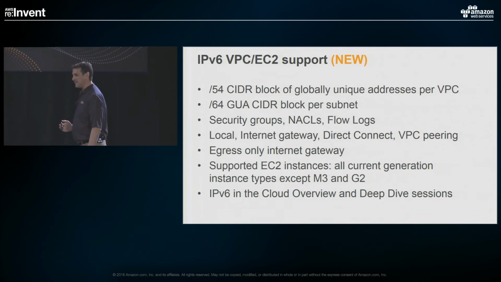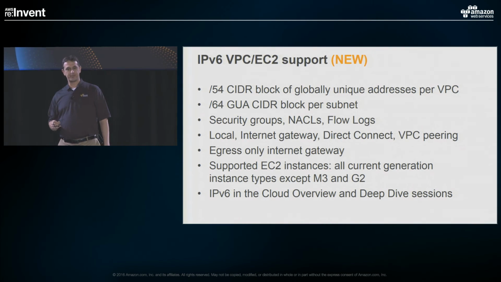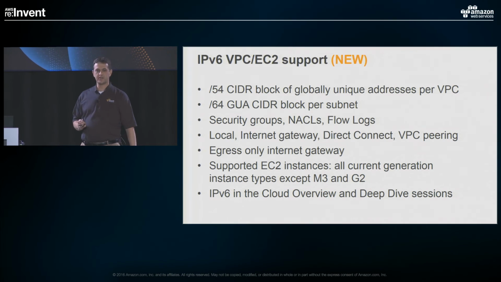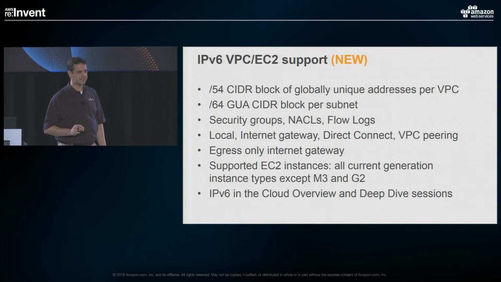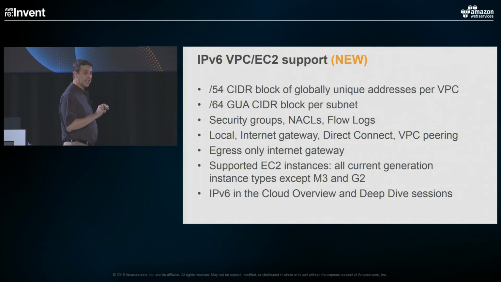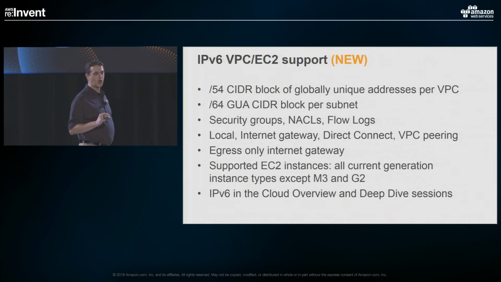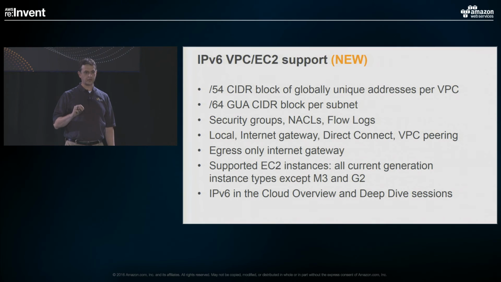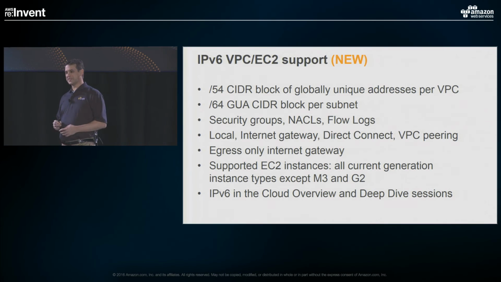All right, something that we are really excited about, IPv6 support for EC2 instances running inside of a VPC. This was launched yesterday in the Ohio region, and regions all around the world are to follow. They're coming soon. So super excited about it.